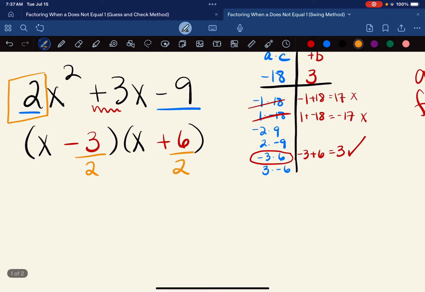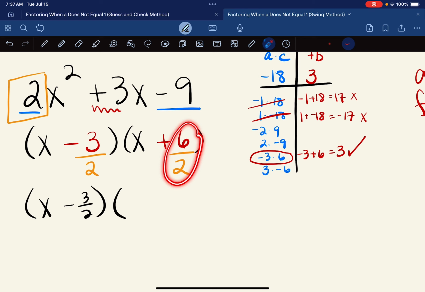And now let's see if we can reduce. If I have 3 divided by 2, that does not reduce any further, so that is just going to be x minus 3 over 2 for now. And then in our second set of parentheses, 6 divided by 2, it does reduce. It reduces to the whole number 3, x plus 3.